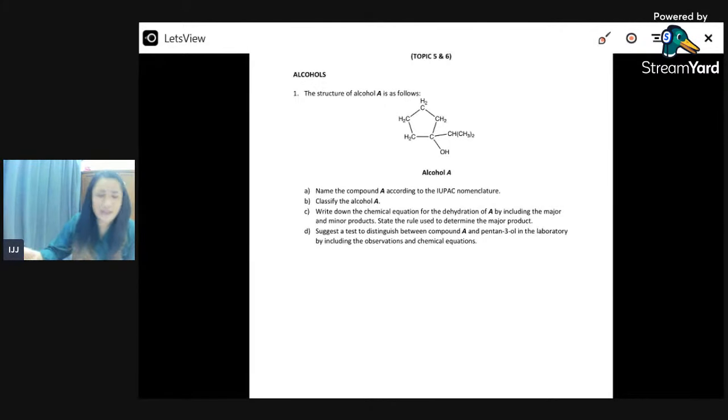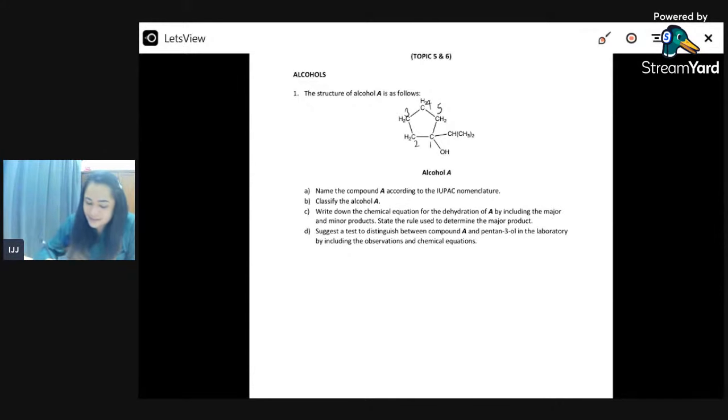Automatically the carbon that is bonded to your OH will be numbered as carbon number 1. So 1, 2, 3, 4, 5. There are 5 carbons, and it's cyclic, so you call it cyclopentanol.